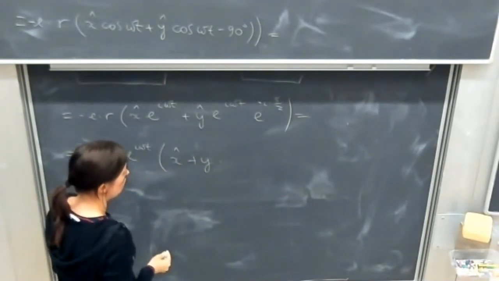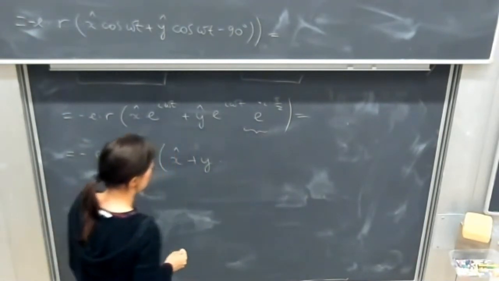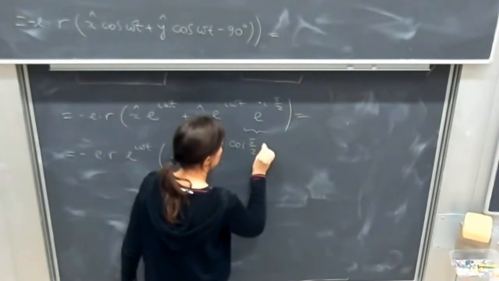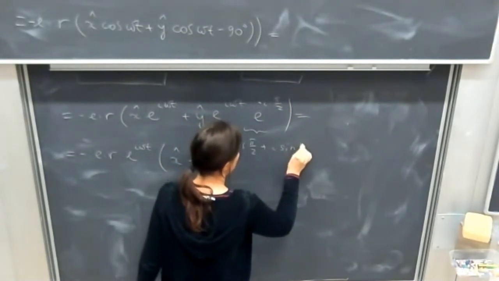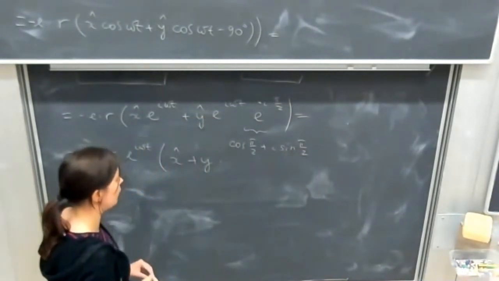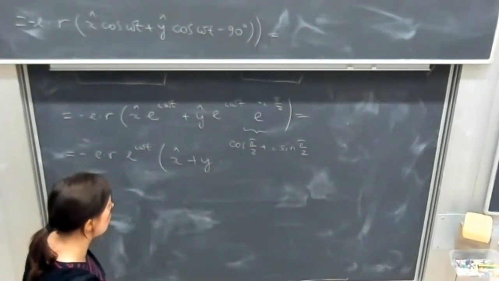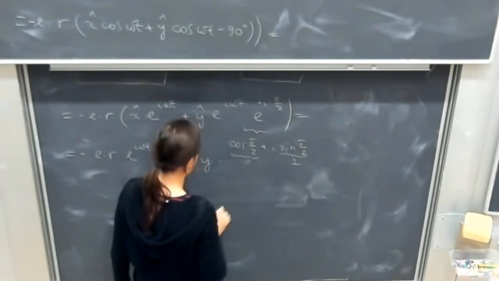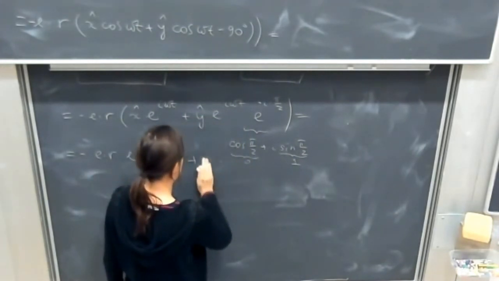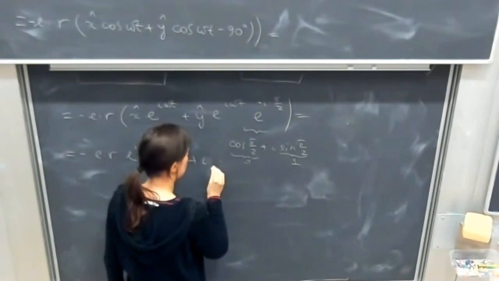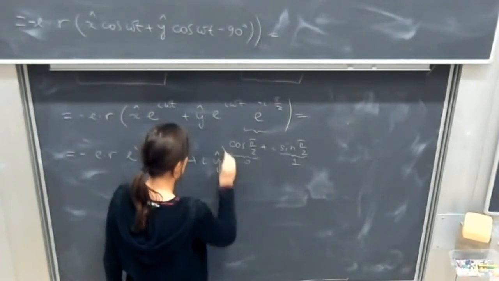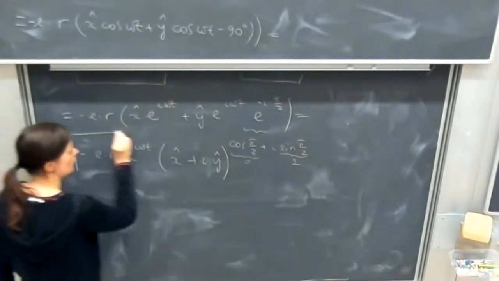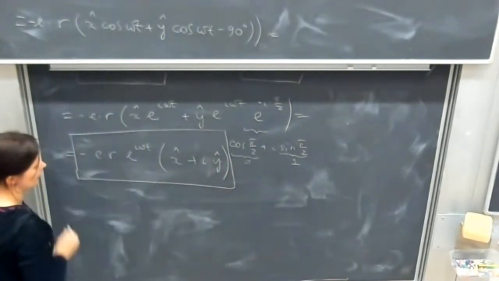So what will this be? Sine of half pi is 1, and cosine of half pi is 0. So we get i in one direction. That's it. That's the answer.